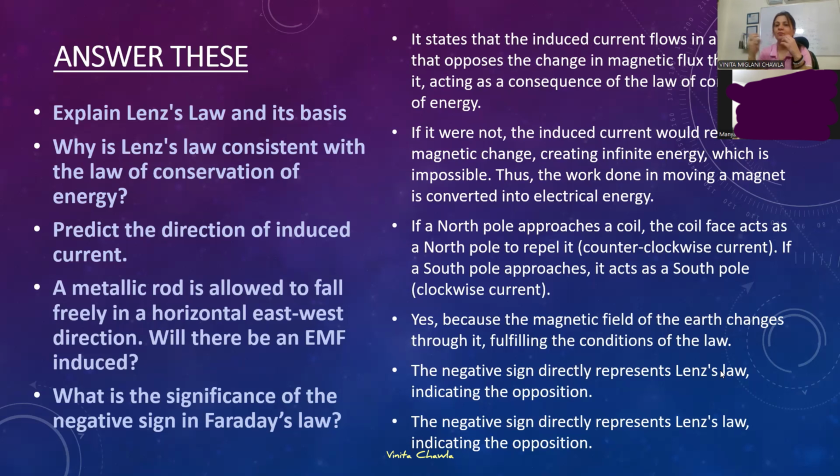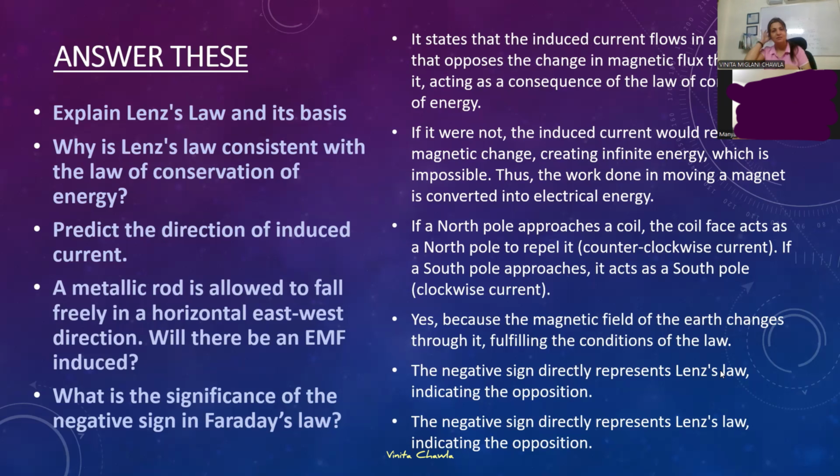But what if the magnet is receding instead of approaching? Then the pole so created would be as if it is going to attract it. If the north pole is receding, then that face of the coil becomes a south pole to attract it.